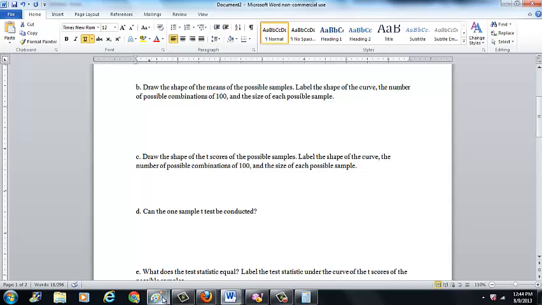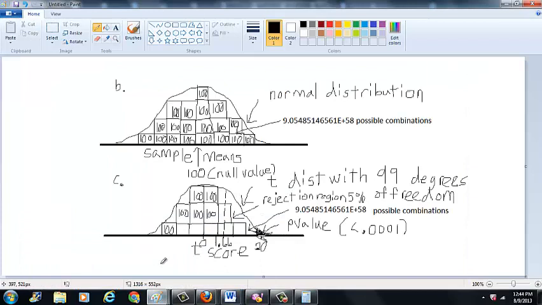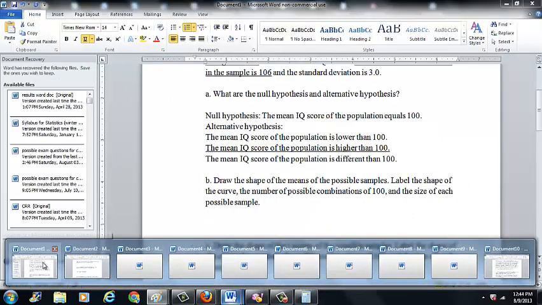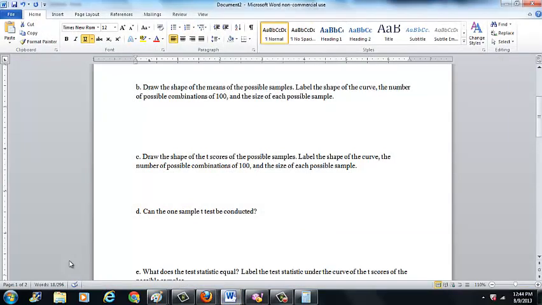All you do is draw a t-score number line, stack some boxes above it like this. What do you have to do? Label the shape of the curve, like we did last time.